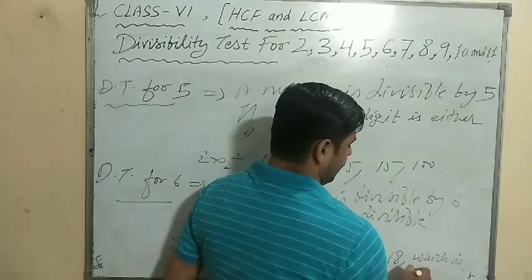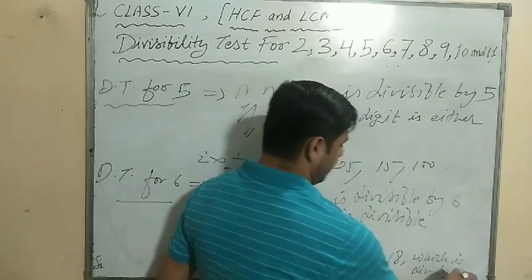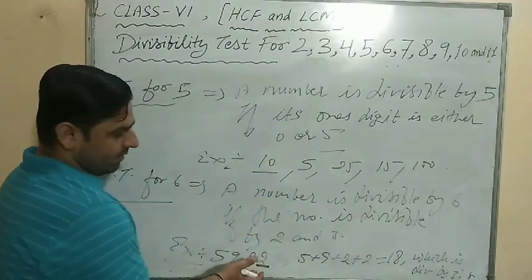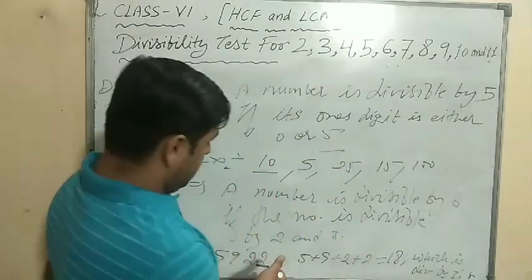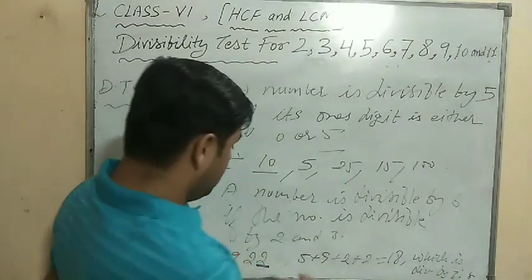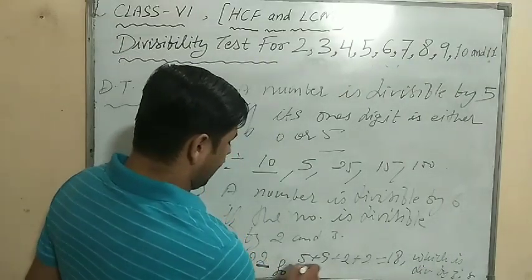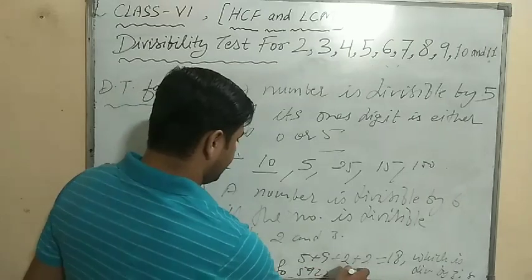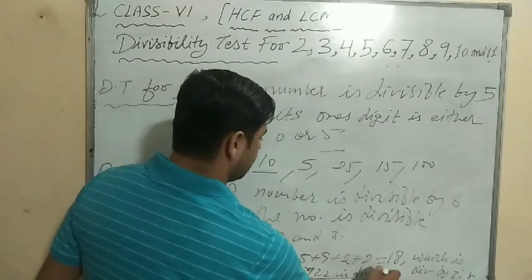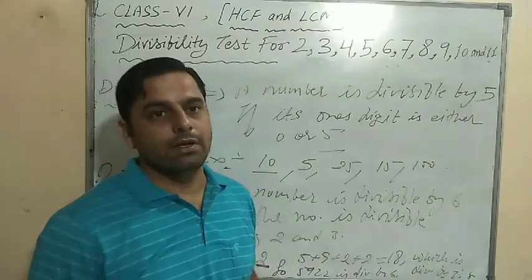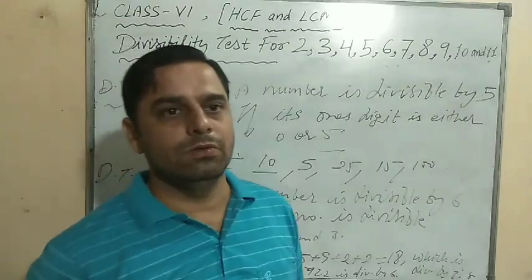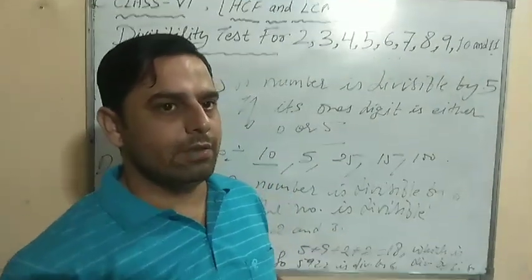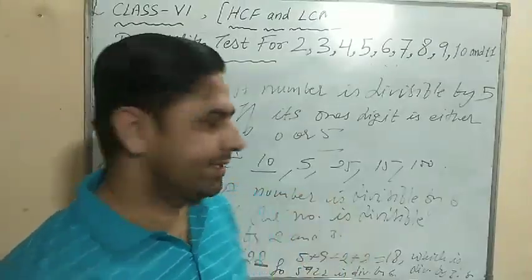Which is divisible by 3, and it is divisible by 2 also. So we can say that 5922 is divisible by 6. Clear? If a number is divisible by 2 and 3, then the number is also divisible by 6.